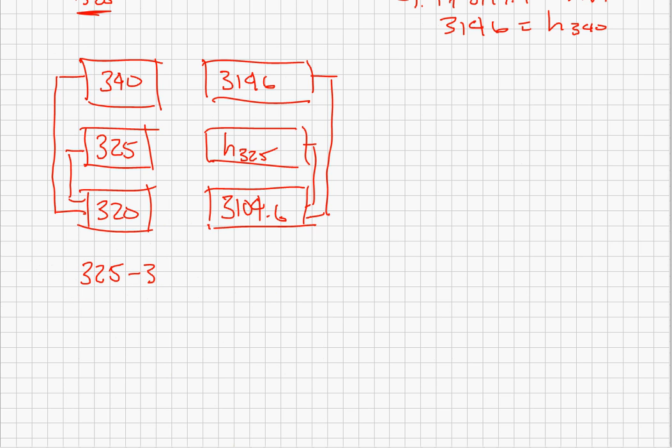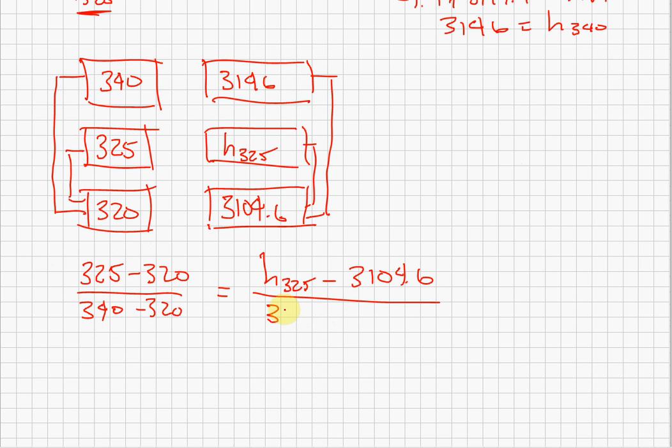325 minus 320 over 340 minus 320 equals H325 minus 3104.6 over 3146 minus 3104.6. And so I'm going to get 5 over 20 equals H325 minus 3104.6 all over 41.4.